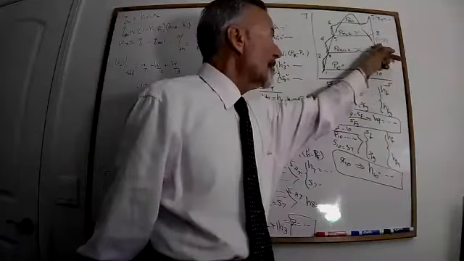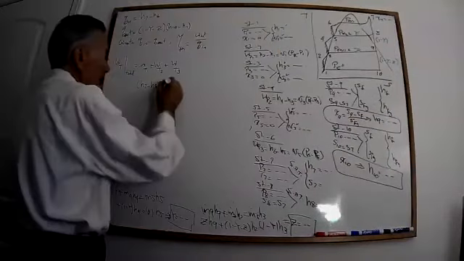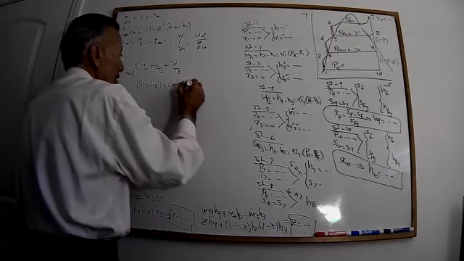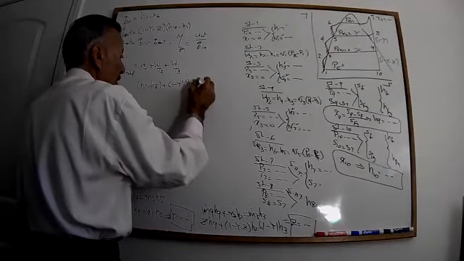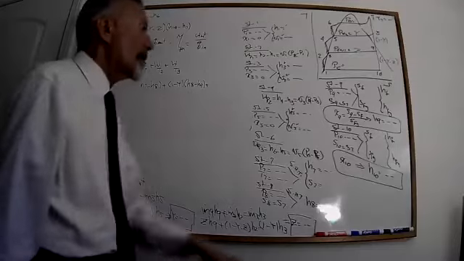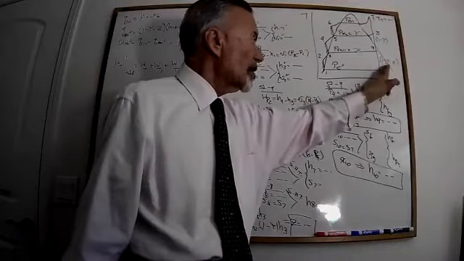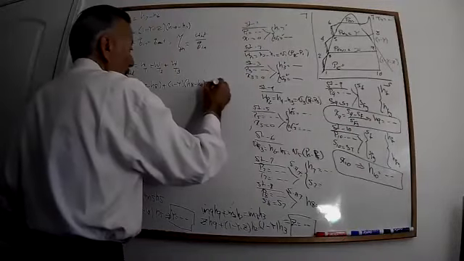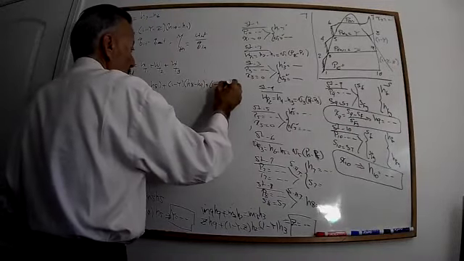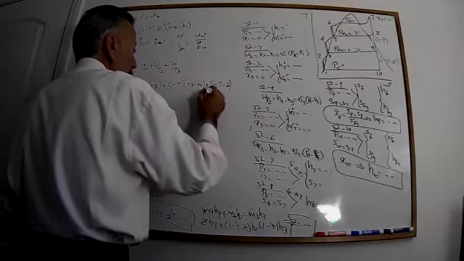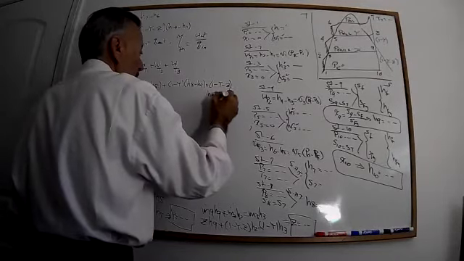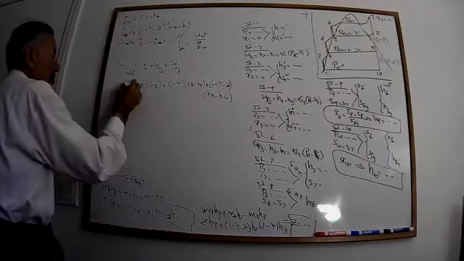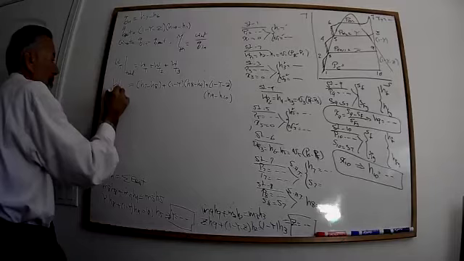From 8 to 9, you have a fraction of 1 minus y. So that would be 1 minus y times H8 minus H9 plus. The last one has a fraction of 1 minus y minus z. So that would be 1 minus y minus z times H9 minus H10. That will give you the total work of a turbine.